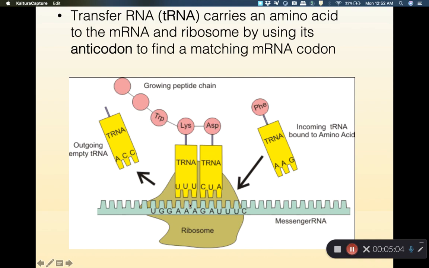And this is what essentially the DNA originally was coding for, because from that DNA instruction manual, we're able to create a messenger RNA that contains the code, and then you have essentially tRNA coming in with the anticodon, which creates this growing peptide chain, which creates a protein.